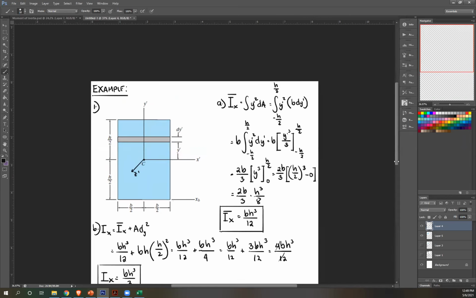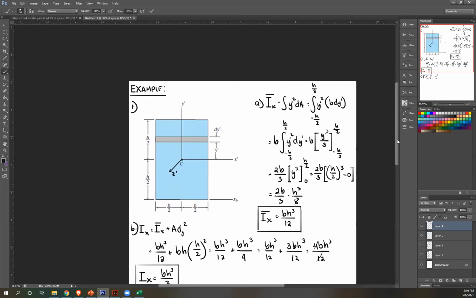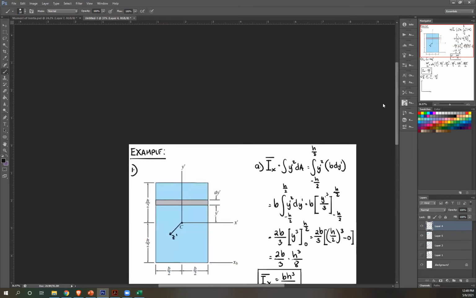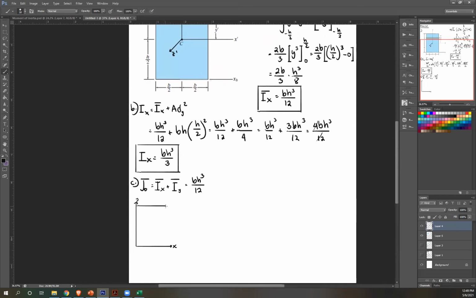So what we're gonna do now is take another element. Okay, so let me redraw. We have this. Okay, this is your xy, and then this is the centroid, so this is your x prime, and then this is your y prime.